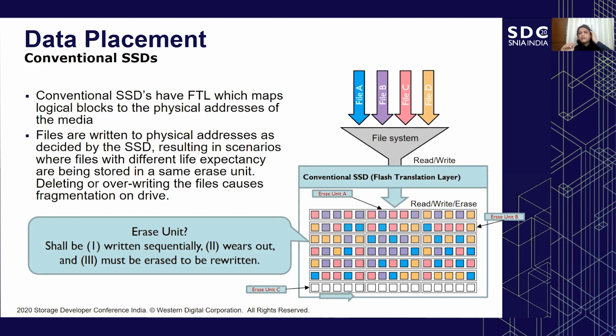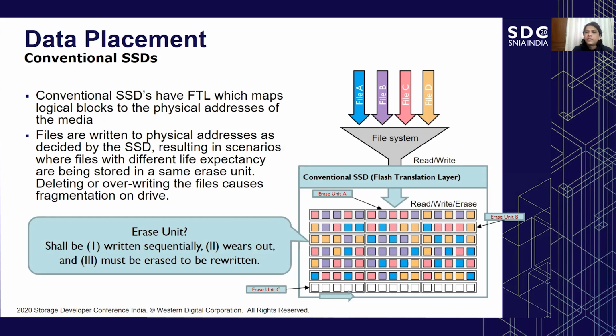If you look at data, sometimes you can classify data by temperature. Hot data is something which is getting updated or changed more frequently, and cold data is something which is there for a long time, unchanged for a long time.